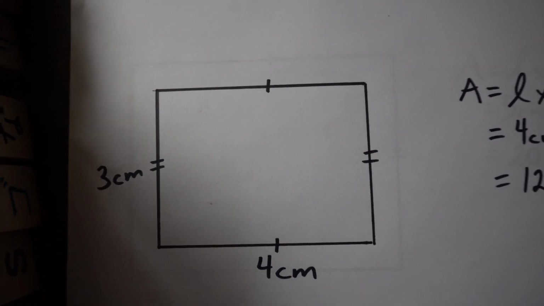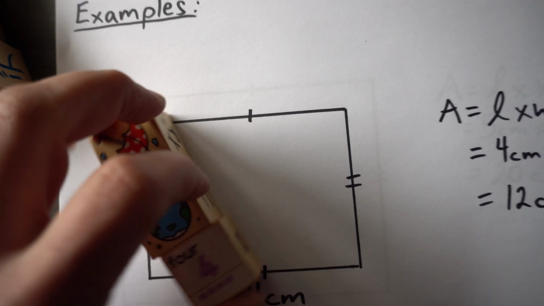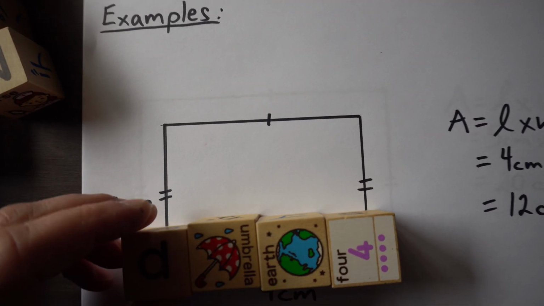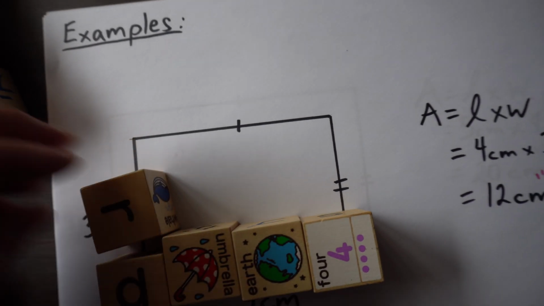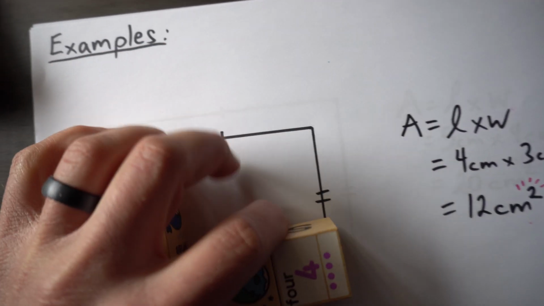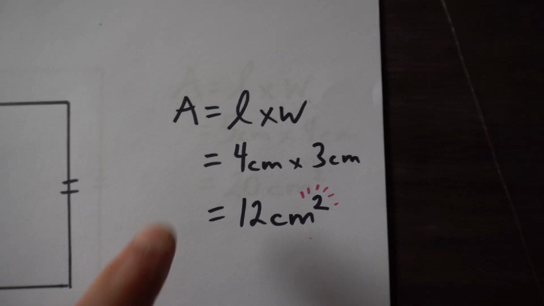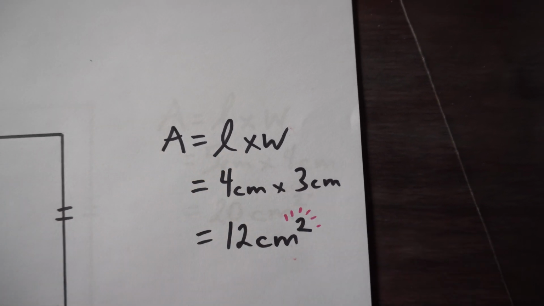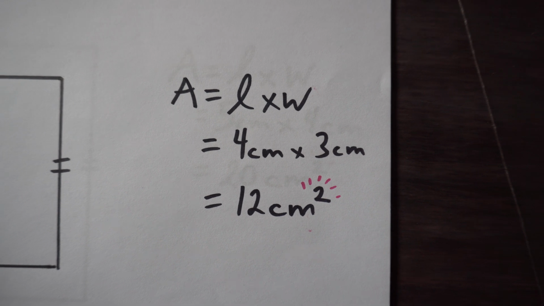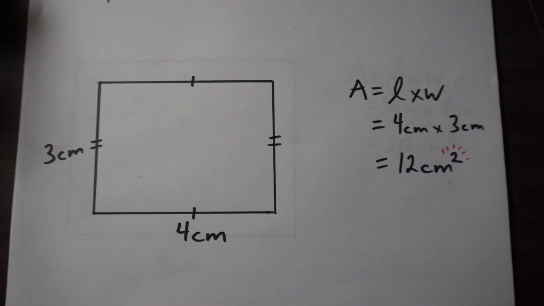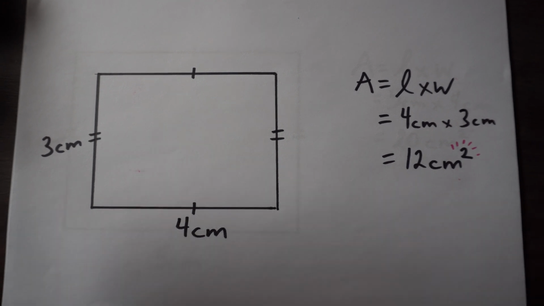You could take your time and cover these with blocks to test that and say, okay, 4 by 3, and count the number of blocks there. Or you could simply use the formula and say A equals length times width equals 4 centimeters times 3 centimeters. So the area for that rectangle would be 12 square centimeters.